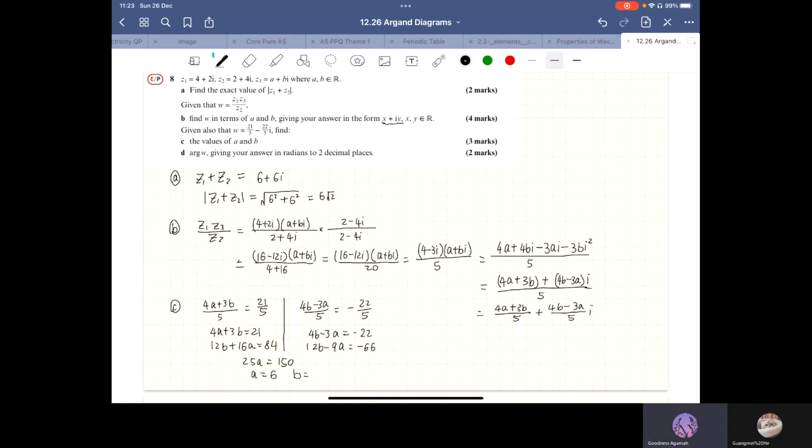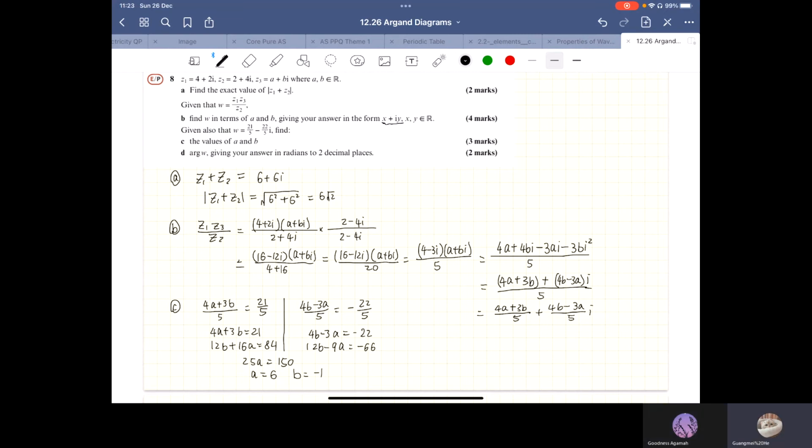So 24 plus 3b is equal to 21. So b is negative 1. Yeah, negative 1 it is. Okay, that's it. We found our a and our b.